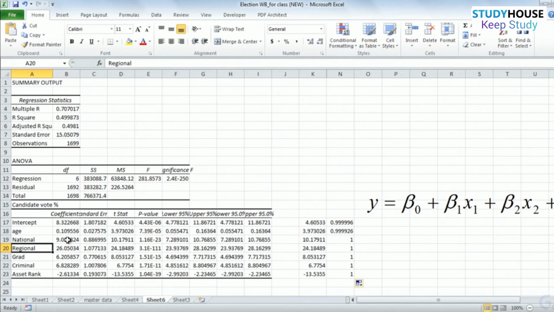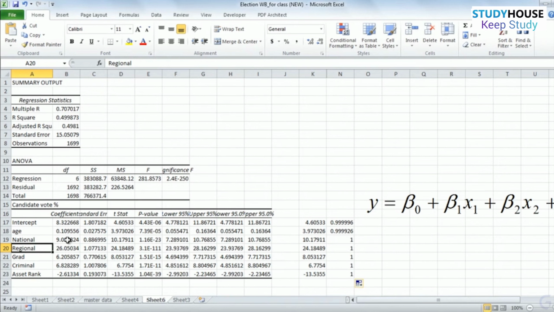So basically put, if you have two identical candidates in all dimensions, they are of similar age, both of them are, let's say, graduates, none of them have criminal records, and both of them are the richest guy in the constituencies. If you pick up two candidates, and the only difference between them is that candidate A is from a regional party, whereas candidate B is from a national party, then candidate A is likely to get 17% more votes than candidate B. It's more likely the candidate from the regional party is going to win.